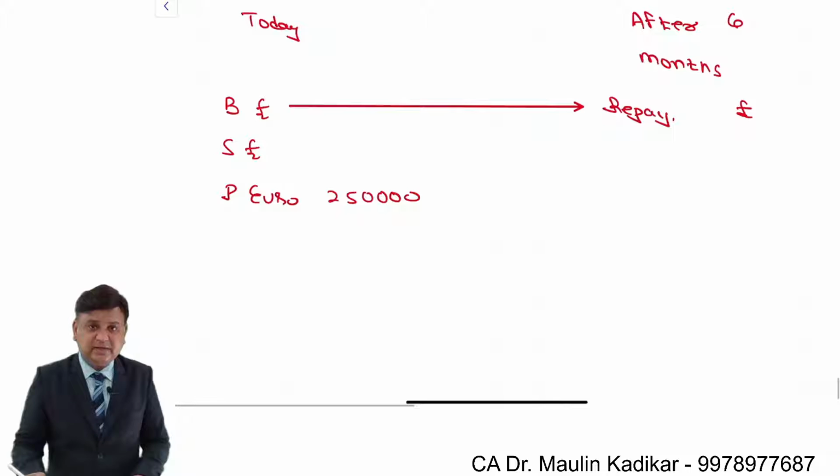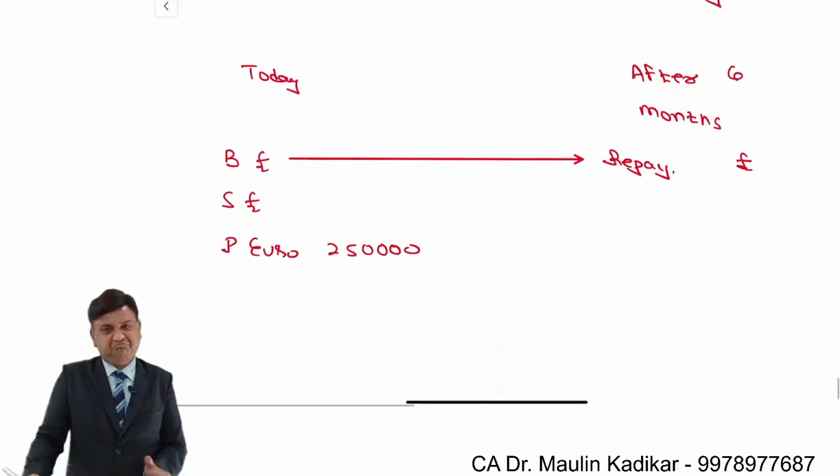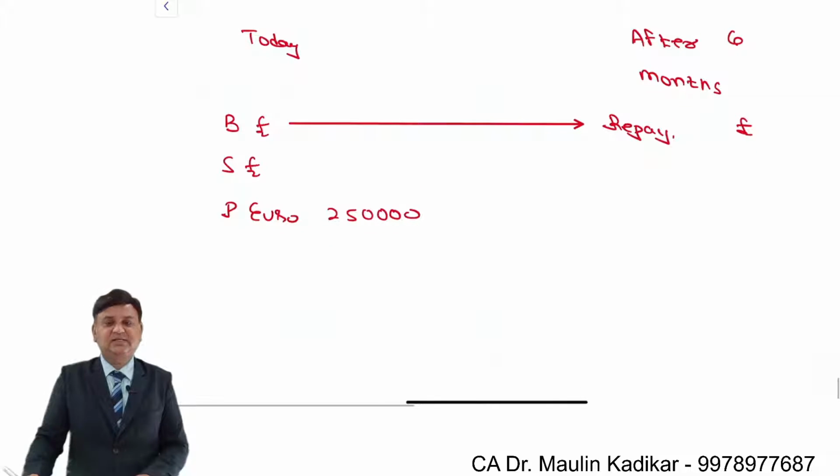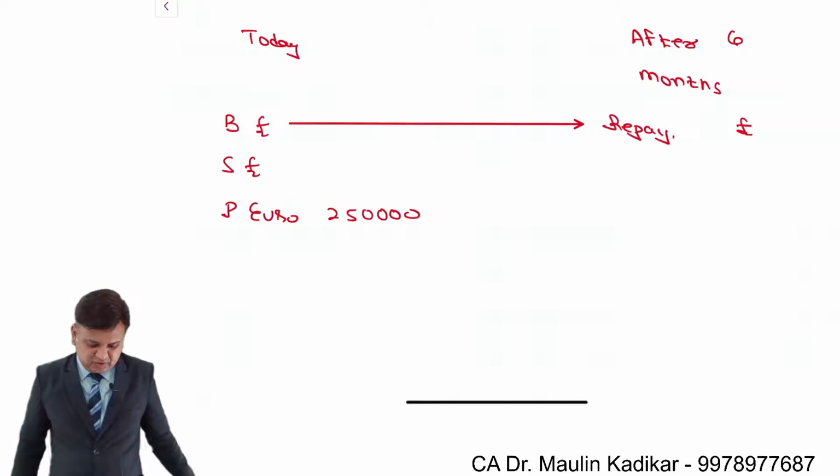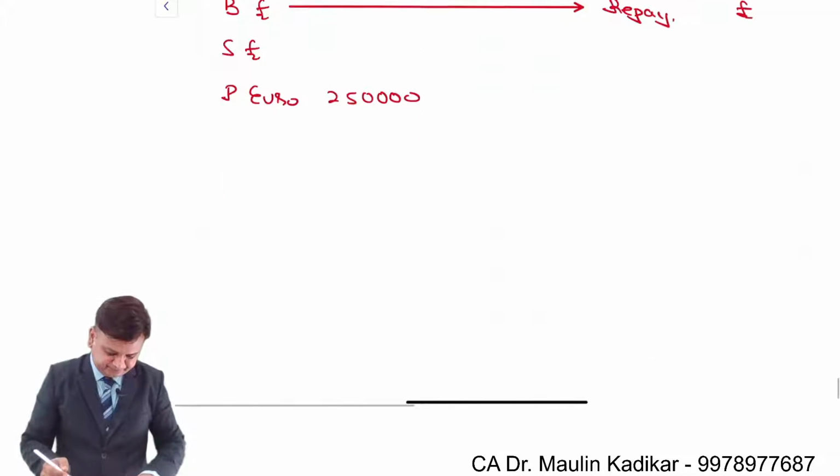The repayment is required to be made in pound currency. That's it. With that, this alternative will be developed. We'll make a comparison of all three of them and we'll select an alternative which is having the least payment. So let us write down the answer to the question.